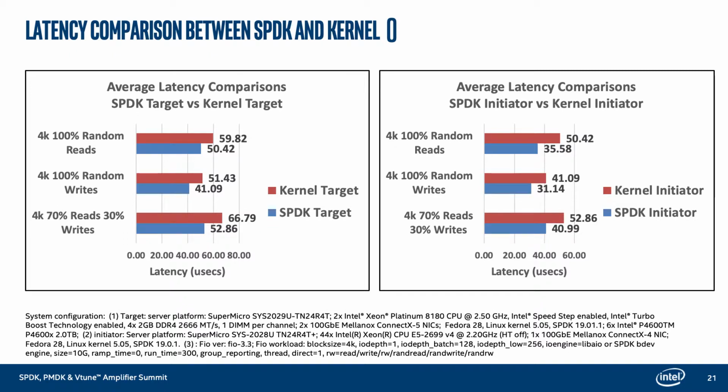And let's see the per-core IOPS comparison between SPDK and the kernel on the target side. In this experiment, we still use the 16 subsystems, and the SPDK is configured with 4 CPU cores. To achieve the same or similar performance, the kernel uses 9 to 12 CPU cores. So we just calculate the per-core IOPS on the target side.